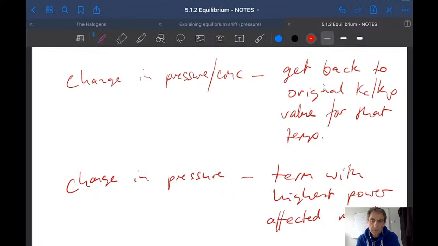So the shift is referring to what the equilibrium has to do to get the ratio back to the Kc value for that temperature. If it doesn't shift position, then it's not an equilibrium anymore, because the Kc or Kp value is at the wrong value for that temperature.